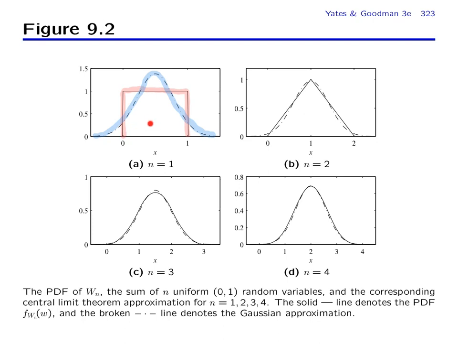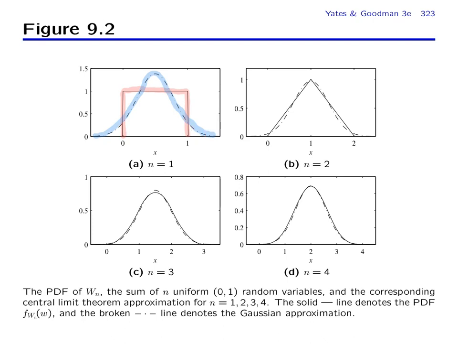So for n equals 1, the approximation with the central limit theorem is not very good. In fact, this isn't surprising, because a uniform random variable is not like a Gaussian random variable.